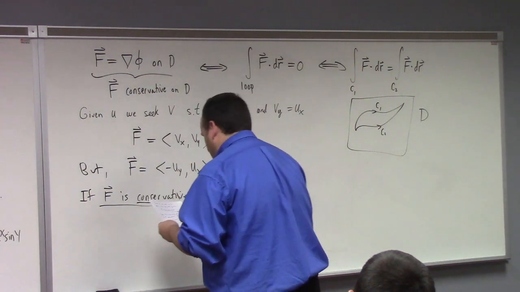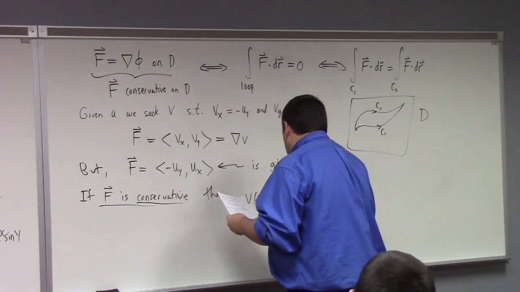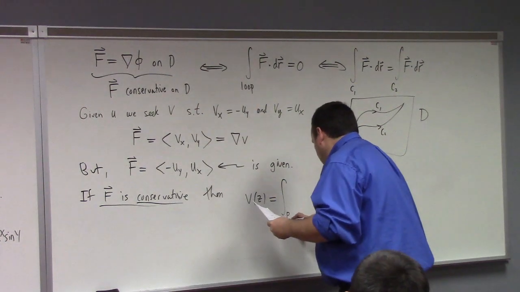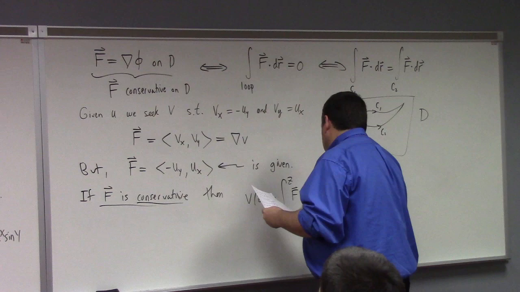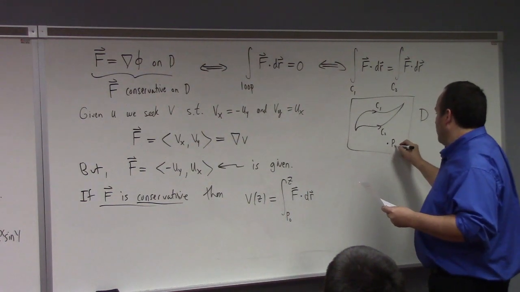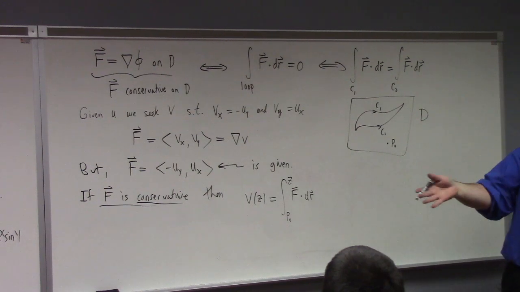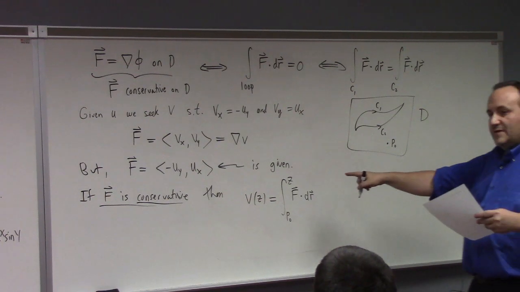then in fact we can write V of Z equal to the integral from some point P naught to Z of F dot dr. This is the standard construction. So P naught would be some point in your domain. The domain is connected, so P naught can be connected to Z. And it doesn't matter which path you take, since this notation makes sense because it's path independent.